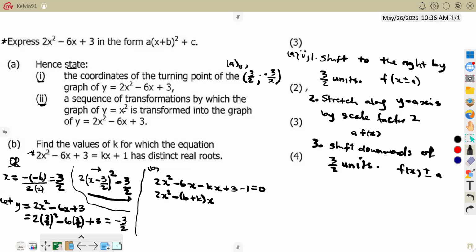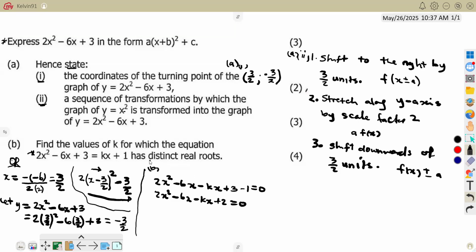We can leave it that way without factorizing. Take it as minus 6x minus kx plus 3 minus 2 is minus 1 is going to be plus 2 equal to 0.